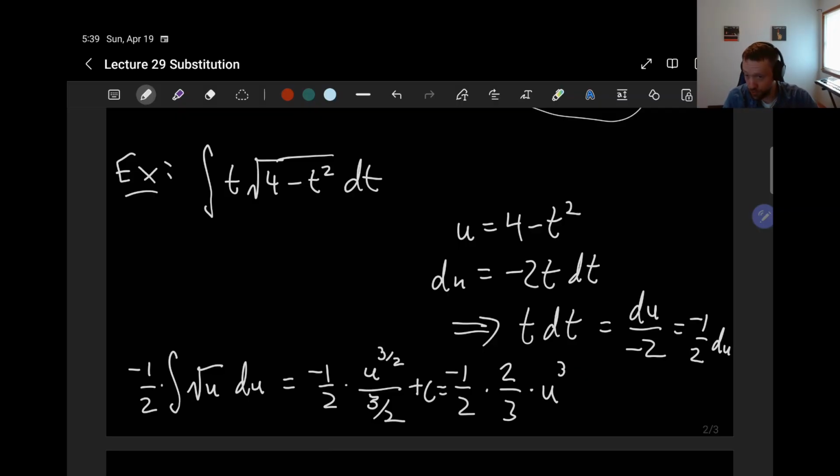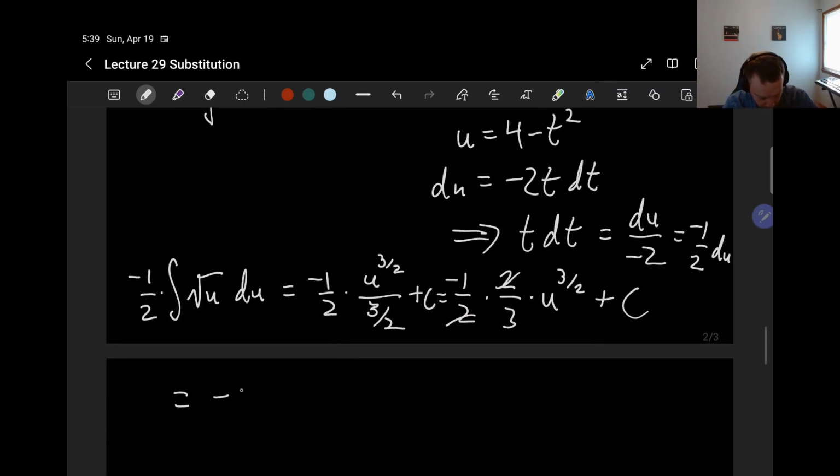What really matters is that you have it at the end, of course, but I like to write good steps here. All right, so these twos cancel. So I get negative 1/3 u to the 3/2 plus c. And now I would like to go back to my original variable t. So u is 4 minus t squared.